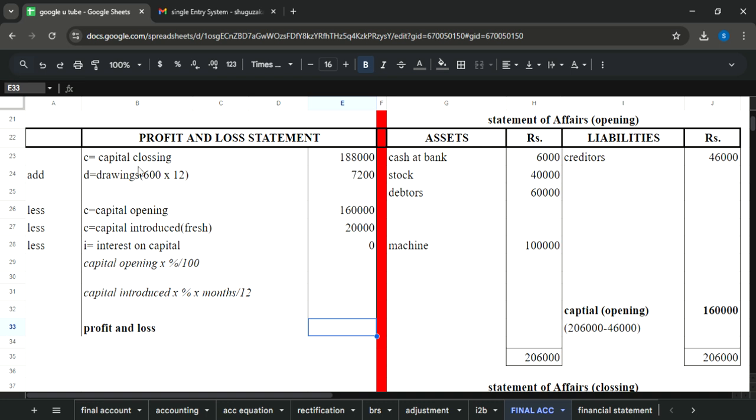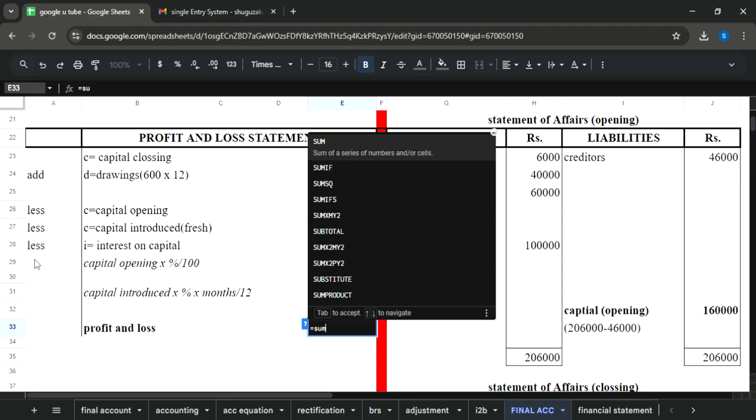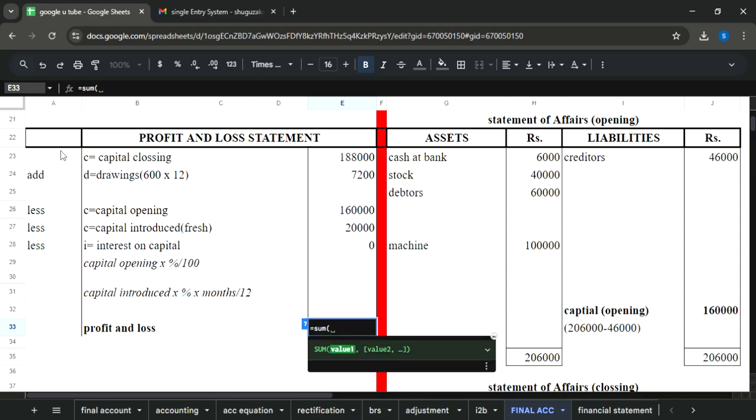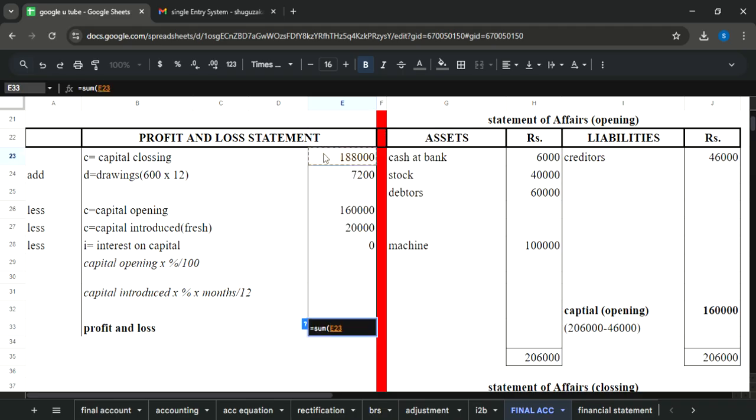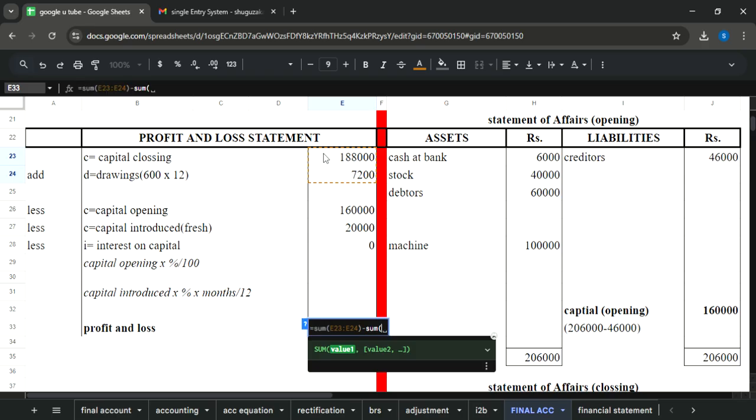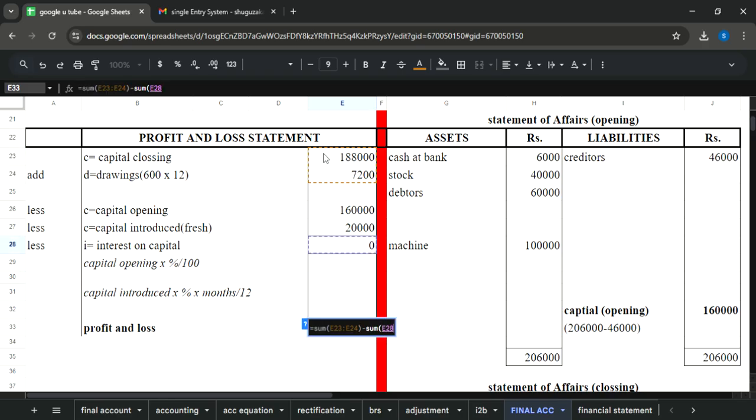Now please note, the first two items would be added and there is a gap, and the remaining three items would be subtracted. So simply what you will do, you will add these two items first and then you will subtract all these three items. Understood?